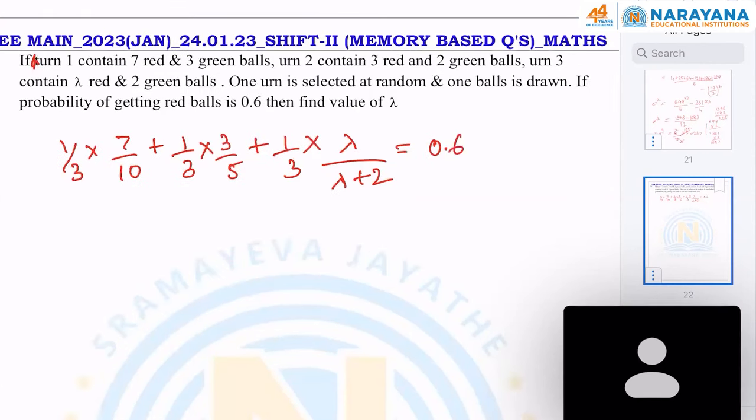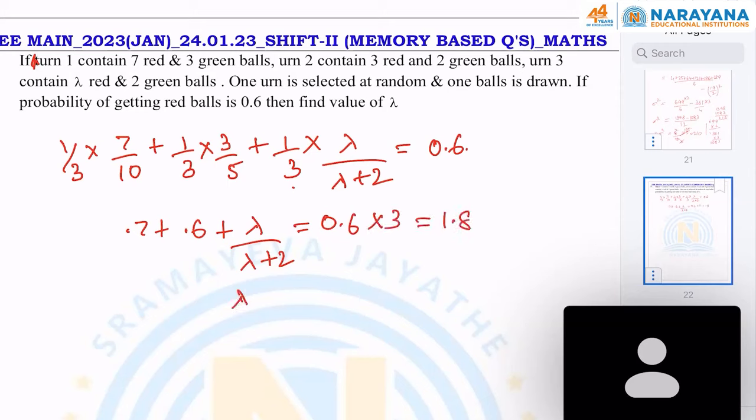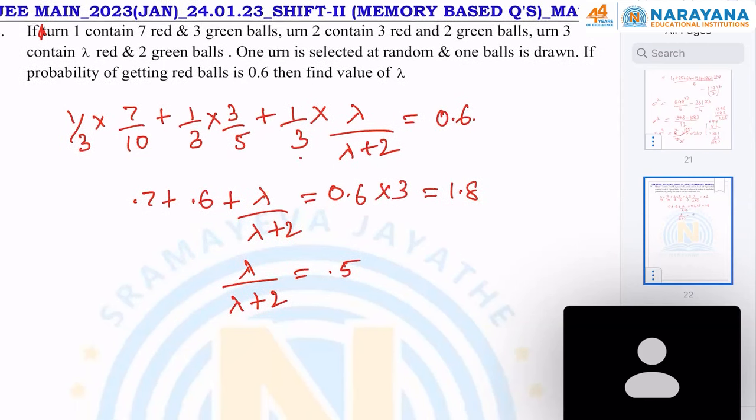Taking 3 to this side, lambda by lambda plus 2 is equal to 0.6 into 3, which is equal to 1.8, minus 1.3. So it is equal to 0.5. Lambda by lambda plus 2 is 0.5, so lambda is equal to 2.